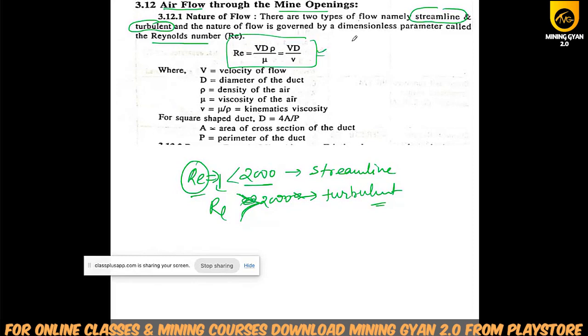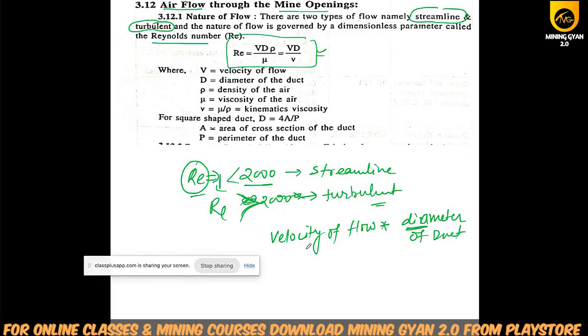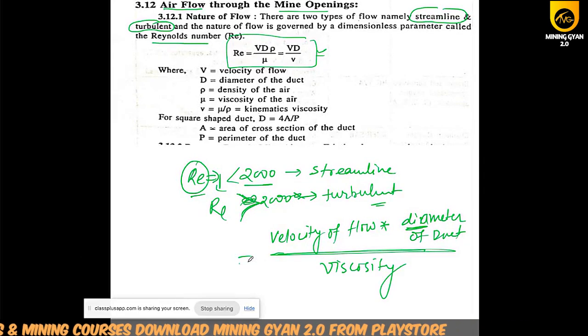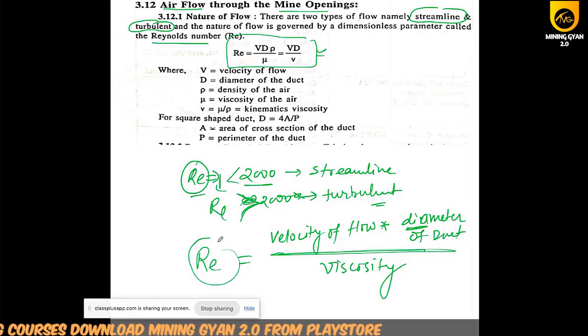Reynolds number is the velocity of flow multiplied by the diameter of the duct, divided by viscosity. This is your Reynolds number. Remember this formula. When we solve the question, it will be helpful for us.